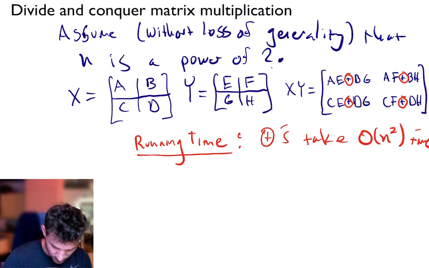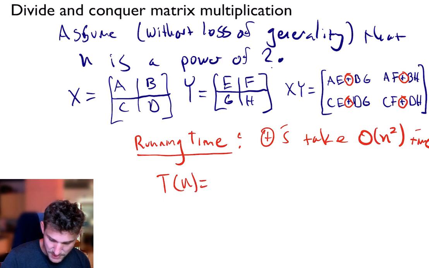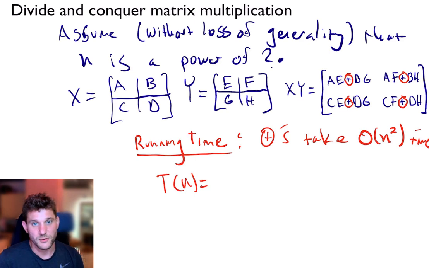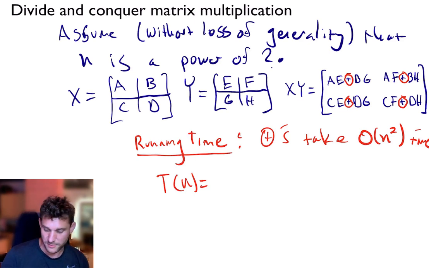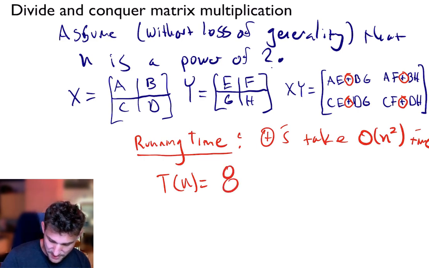So the recurrence relation for the whole algorithm is going to be T of n equal to, notice that we have to do 8 different multiplications. 1, 2, 3, 4, 5, 6, 7, and 8. Right? We had to do 8 multiplications to complete this algorithm, and so we're going to have the number 8 of these things.